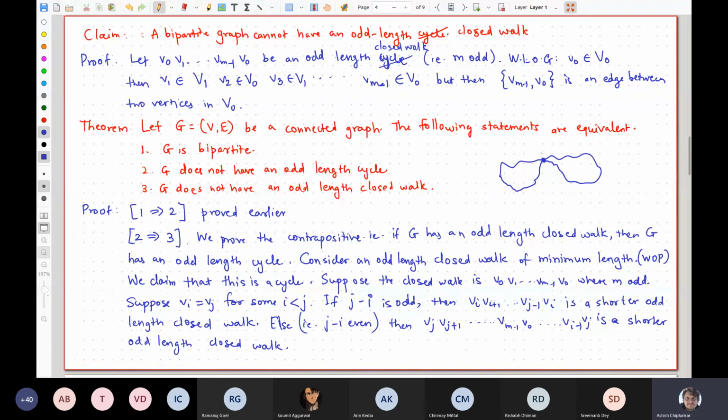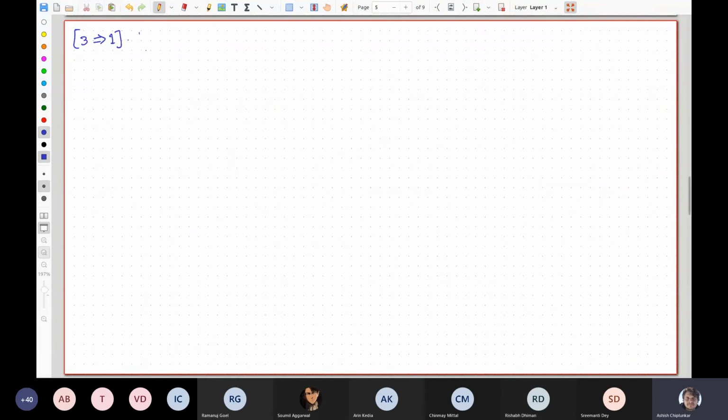Obviously there is nothing to prove if the graph itself is empty, right? If the vertex set is just one vertex or 0 vertices, there is nothing to prove. So let's assume that V is non-empty. If V is empty, then nothing to prove. Right, this is a non-interesting corner piece.